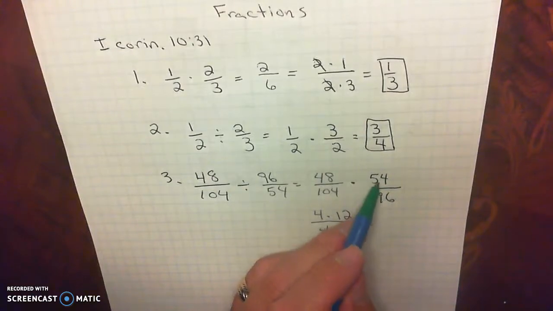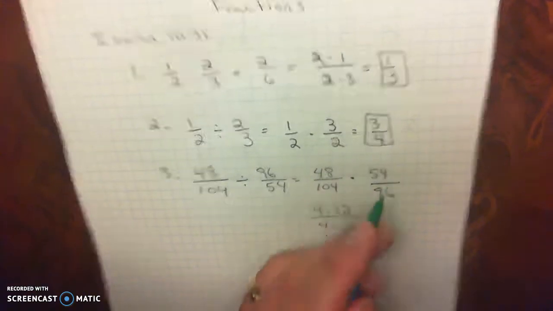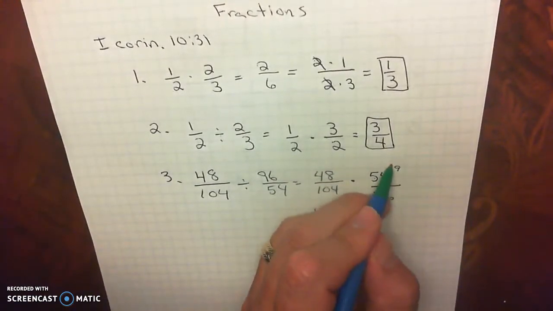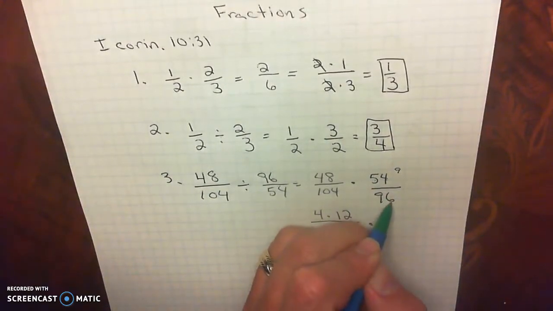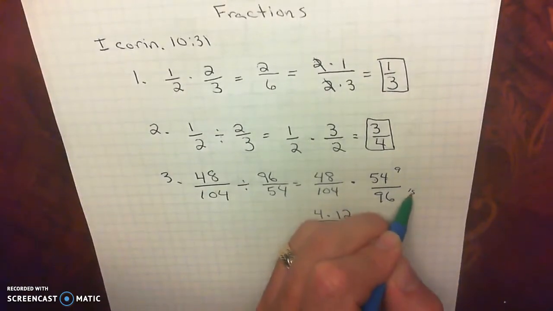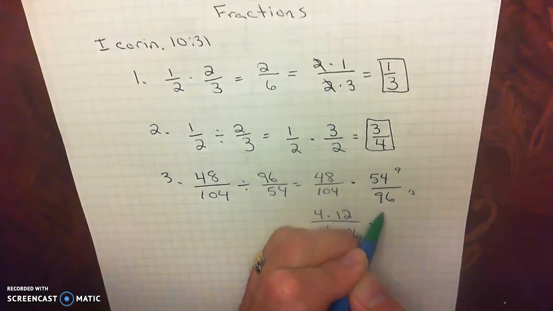Now the trick with 3 is you add the digits together. So 5 plus 4 is 9. And 3 goes into 9 evenly, so 3 goes into 54 evenly. 9 plus 6 is 15. 3 goes into 15 evenly, so 3 goes into 96 evenly.